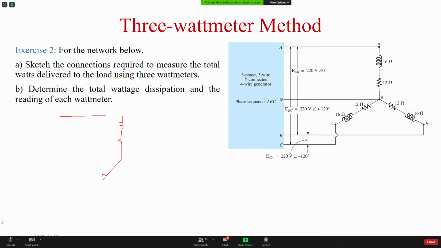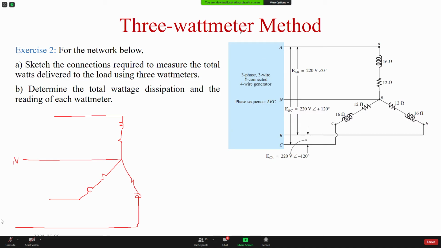So this is my connection. This is the neutral. If you don't have a neutral, then you connect the ones all together.